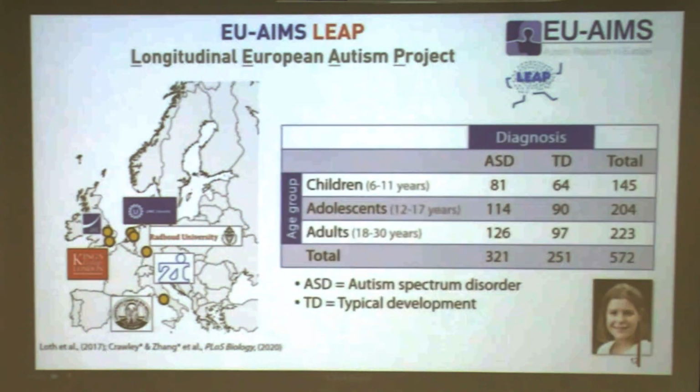So here there is something called the Longitudinal European Autism Project. It is a multi-center study across quite a few larger psychiatric centers in Europe. So we, in the end, have autism spectrum disorder individuals, more than 300, and typically developing individuals, about 250. And also, interestingly, we have the developmental stage data.